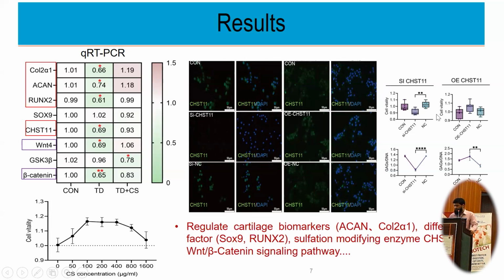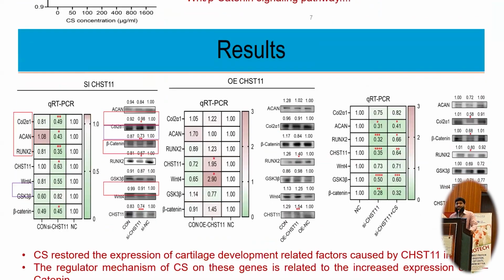In the case of the CST11 knockdown group, you can see the expression is significantly decreased, while in the overexpression group, the expression of this gene of interest is increased.